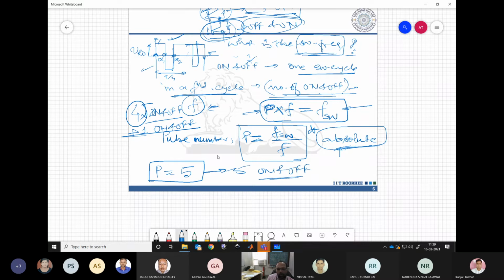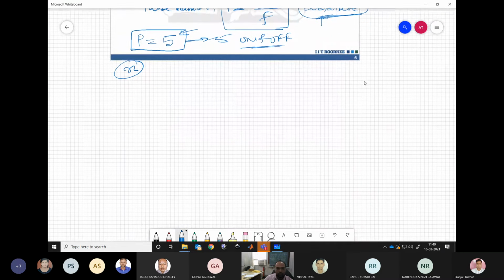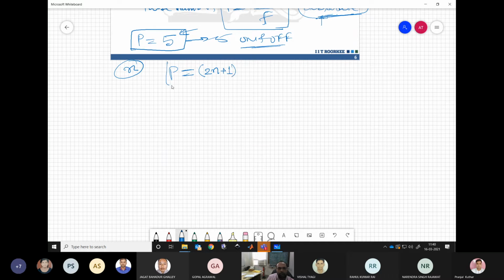So which means for two switching angle case, our pulse number is 5, which means 5 on and off cycles for this device. So can we generalize this? Let's say we have n switching angles in a quarter cycle. So then what is the pulse number or what is the switching frequency? So in general, we can say for n, this is the pulse number for the system.